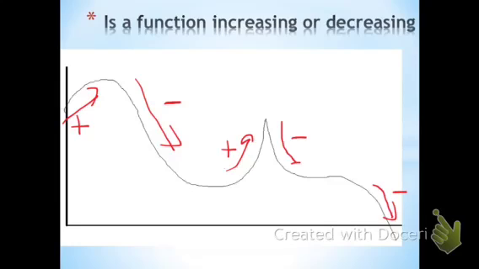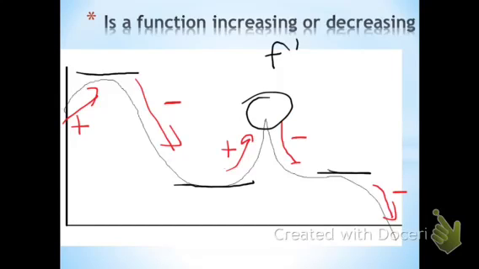And these changes from increasing and decreasing are bounded by the points at which we go to a slope of 0, where f prime equals 0, or the points at which f prime is undefined.